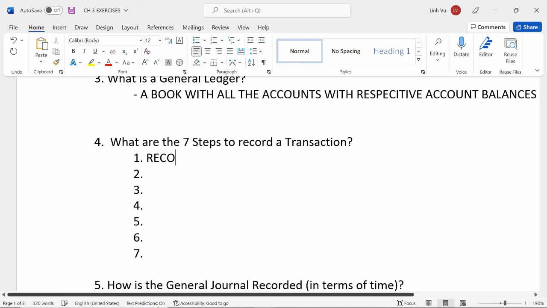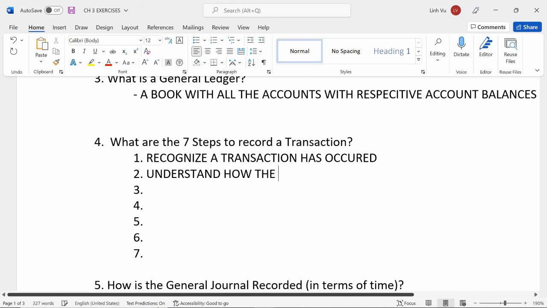And how do you do that? By having proof of a transaction. What is step 2? Understand how the transaction affects the business and whether it needs to be recorded in the formal bookkeeping records.